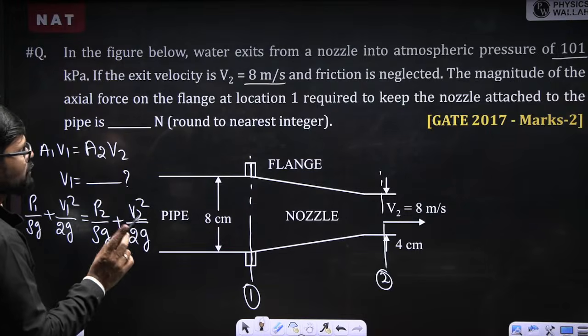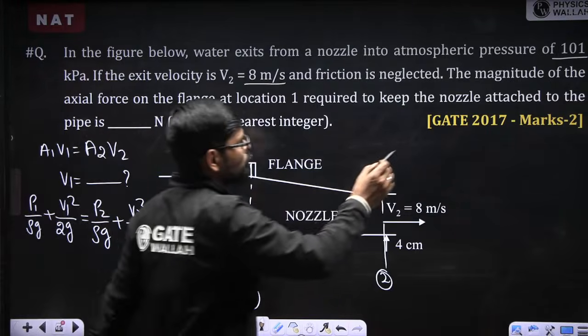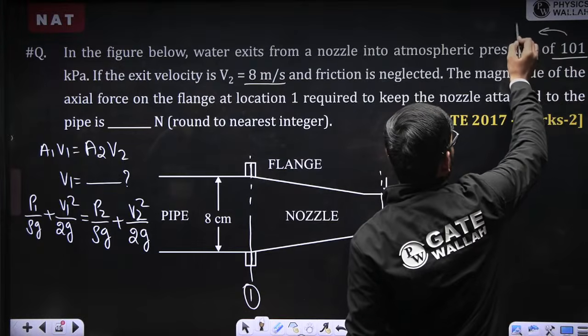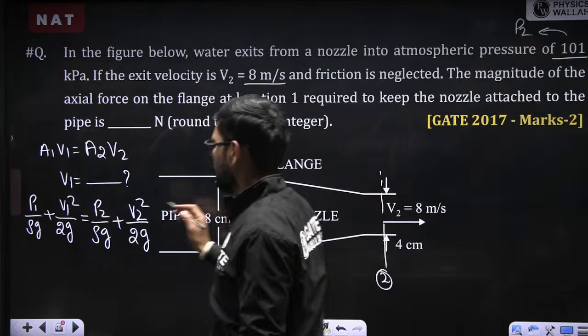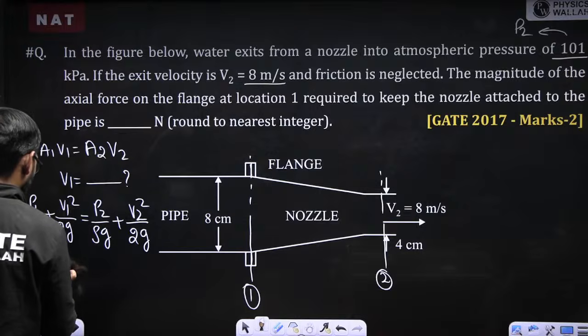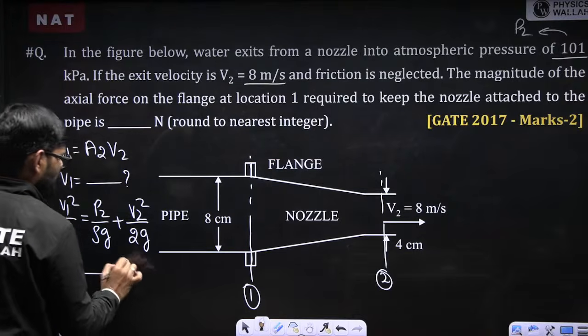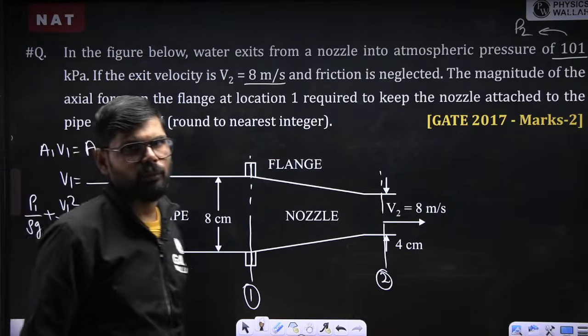P2 value is given as 101. This is P2 absolute value. Then from here you will get P1 value. These two things you find out, then apply the momentum equation.